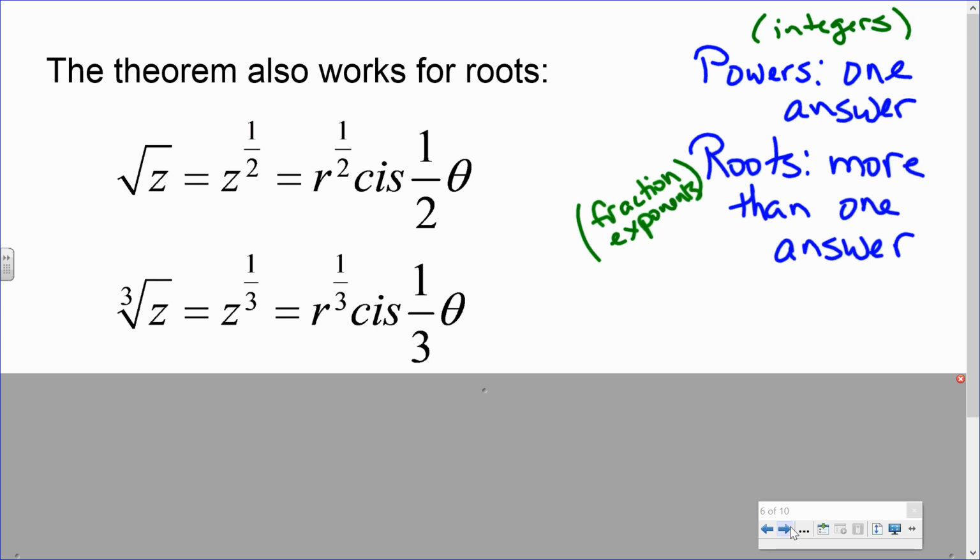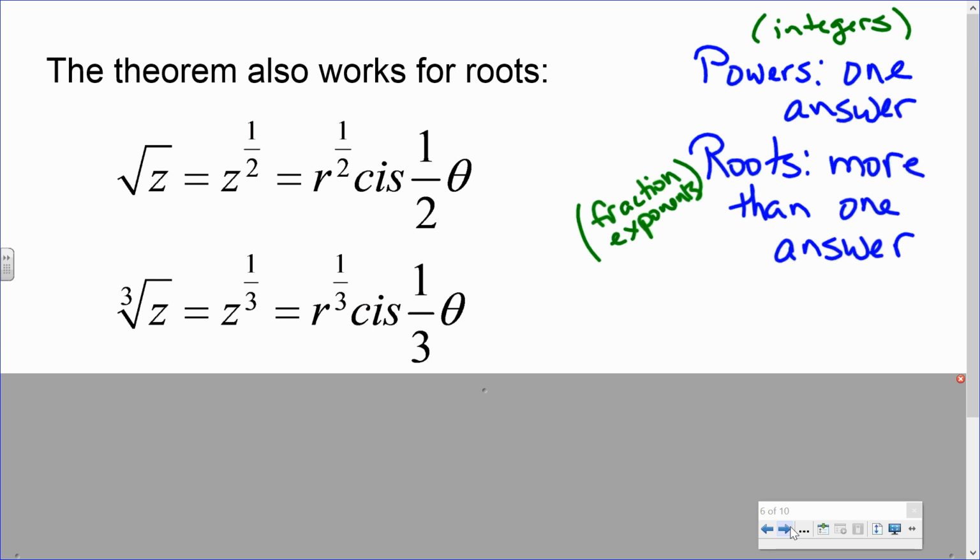We will have r to the 1/2 when we're doing the square root, cis 1/2 times theta. For the cubed root, I will have r to the 1/3, cis of 1/3 times theta, and so on.